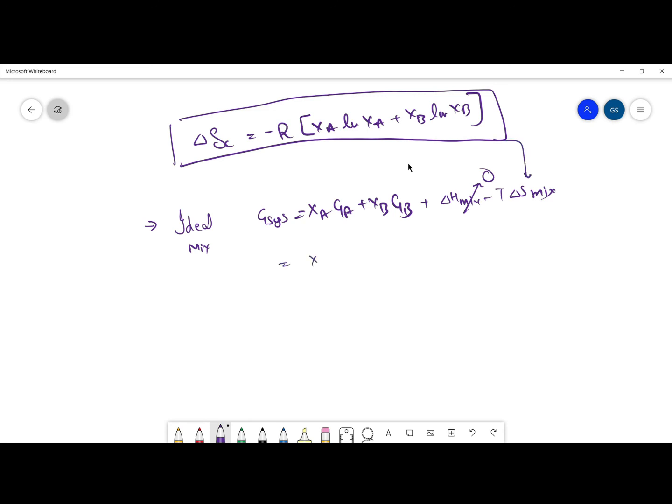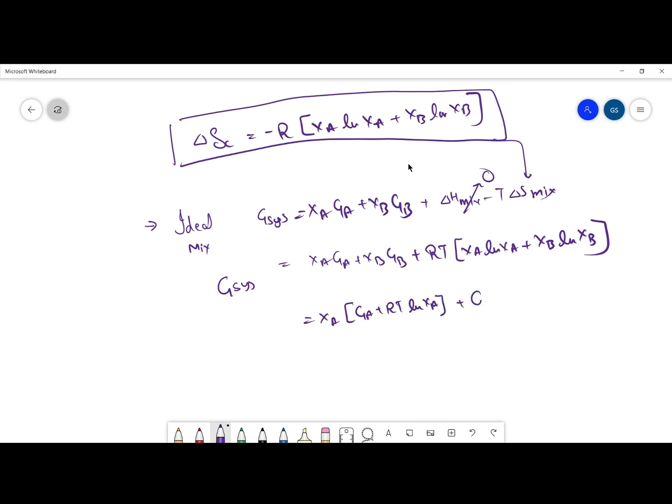So we'll get XA GA plus XB GB plus RT, XA ln XA plus XB ln XB. So this is our G system. We can combine XA again. We can get XA bracket GA plus RT ln XA, plus XB bracket GB plus RT ln XB.